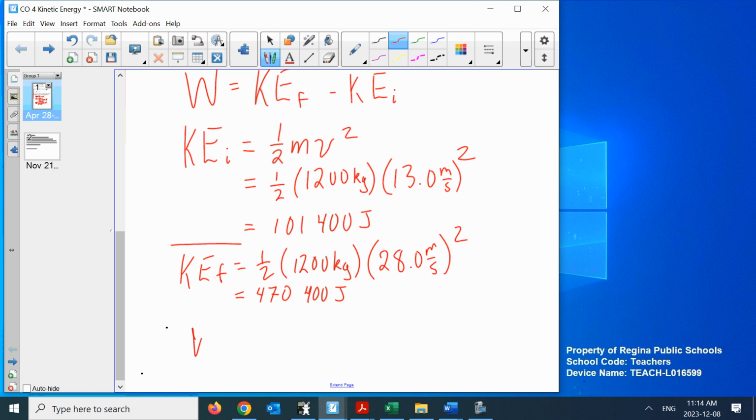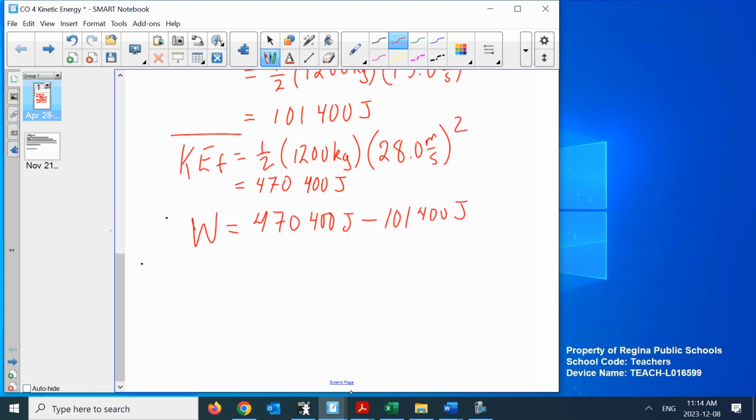Last, the work is the difference. Final minus initial. Now, I know I kept more sig figs than I needed, but they actually subtract out. So the work done.